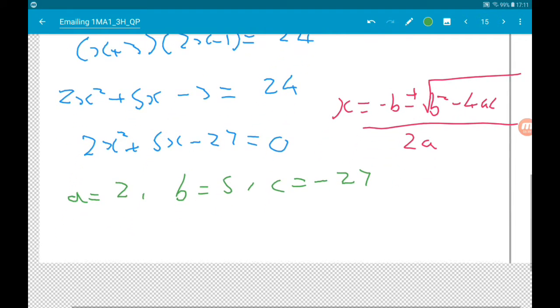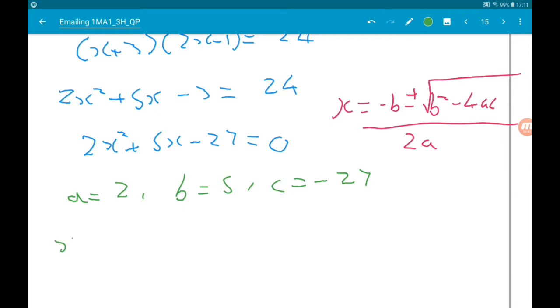So, x is minus 5 plus or minus the square root of 5 squared, so that's 25, minus 4 times 2 times minus 27.